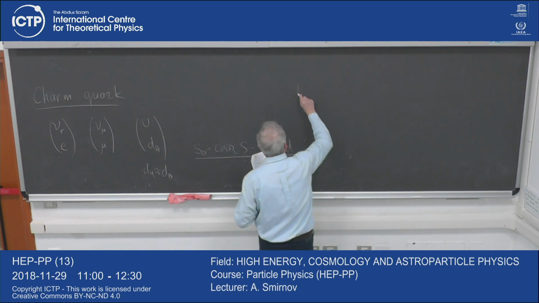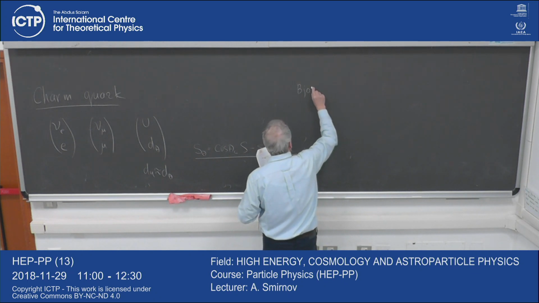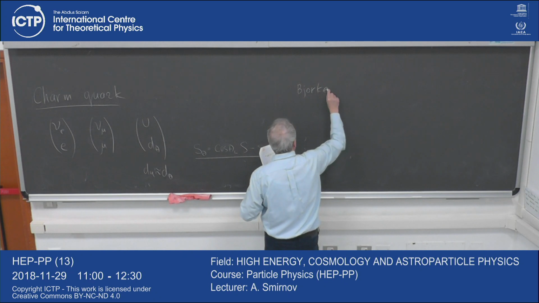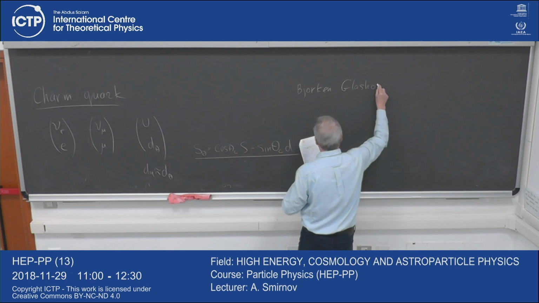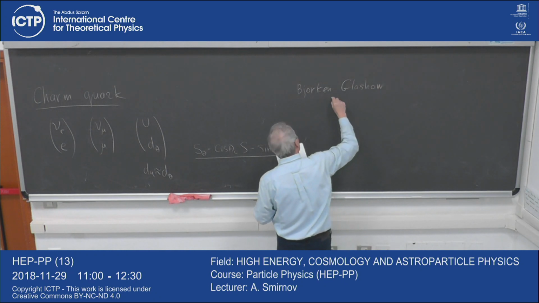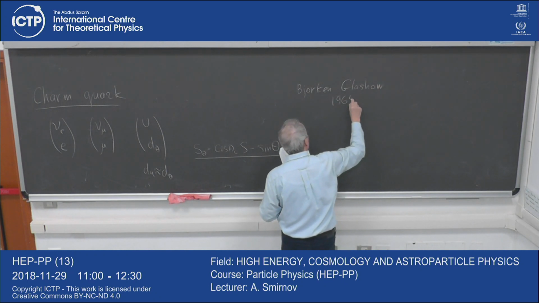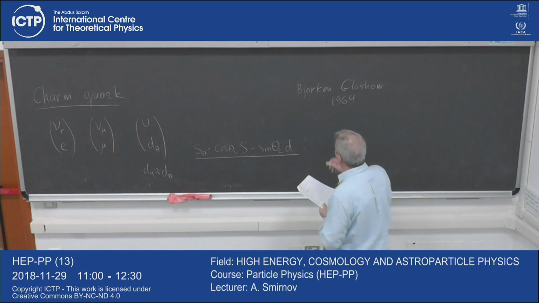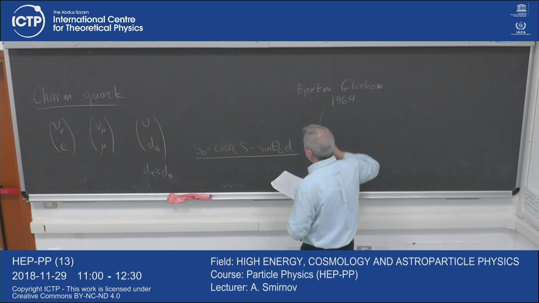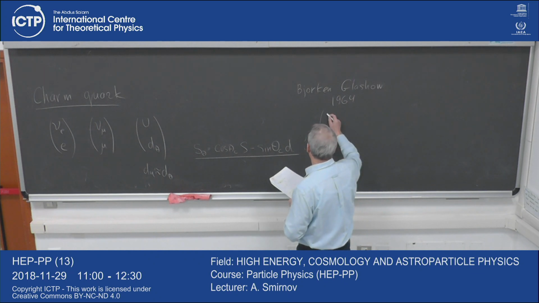Bjorken and Glashow in 1964 proposed that maybe there is another quark which actually recovers quark-lepton symmetry, and they called this charm.